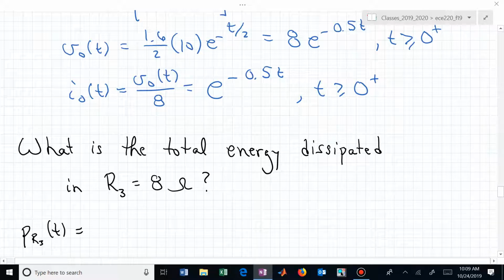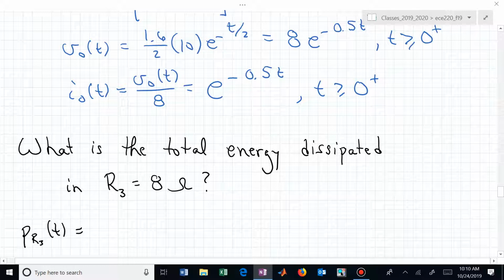What's power? V times I. We have both right in front of us. We form their product, and we can find the instantaneous power for all time from 0 up to infinity experienced by R sub 3. How do we get the energy from power? Power is energy per time, so if we integrate power, we can find the energy.